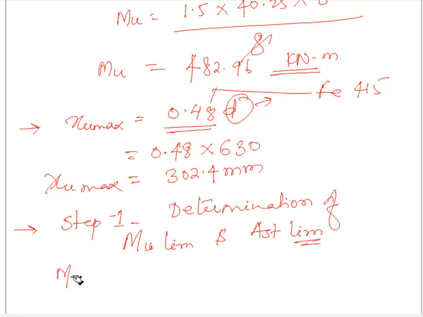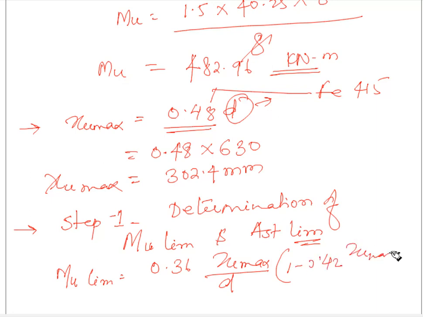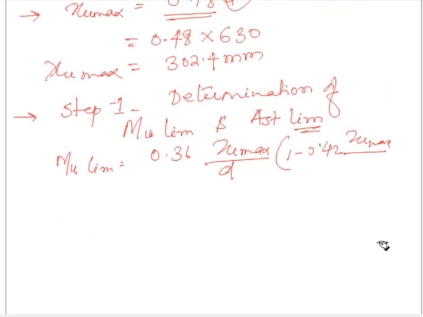For MU limiting we have the formula: MU limiting equals 0.36 XU max by D into 1 minus 0.42 XU max upon D, times FCK BD square. Due to the restriction in width, you can put this FCK BD square.